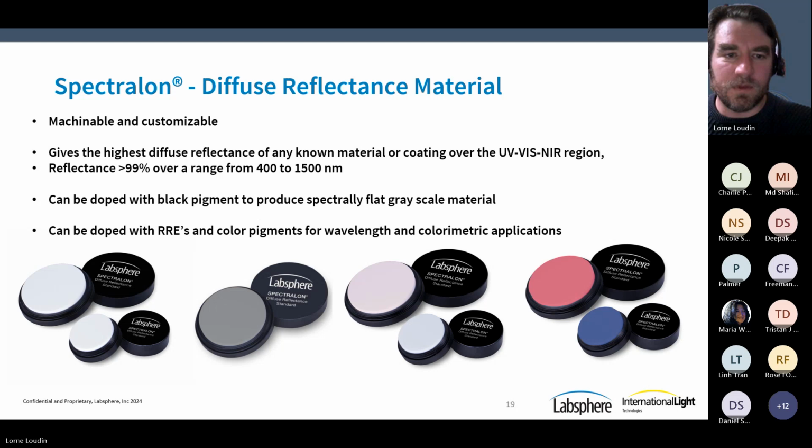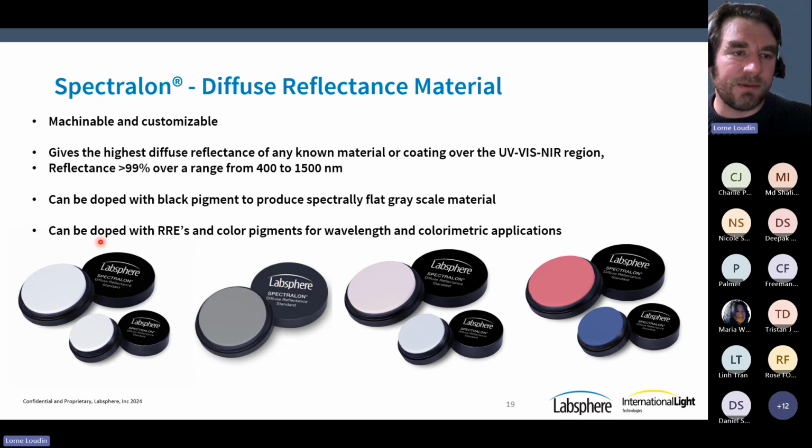And again, just touching quickly on the materials LabSphere offers, we have Spectralon diffuse reflectance material. This is machinable and customizable material. Again, all of the optical components that we showed on the last page are made from Spectralon.